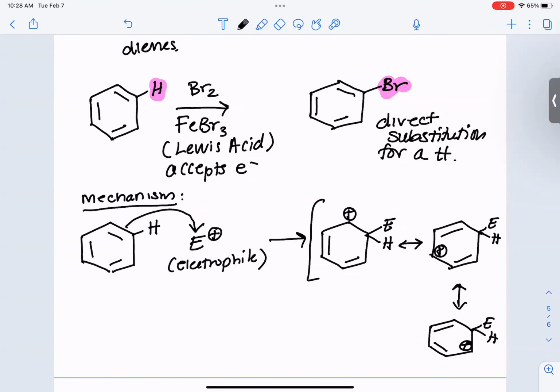But notice the charge is not landing on the carbon with the electrophile.